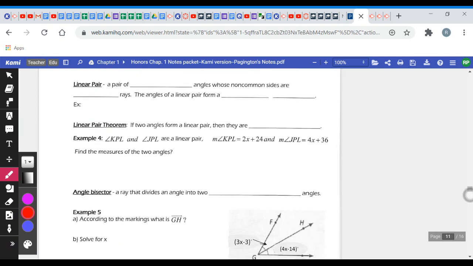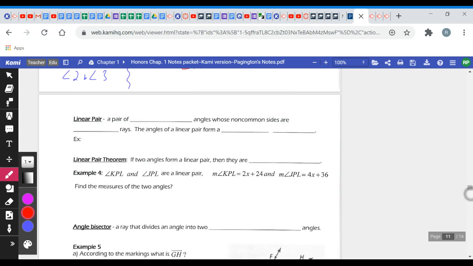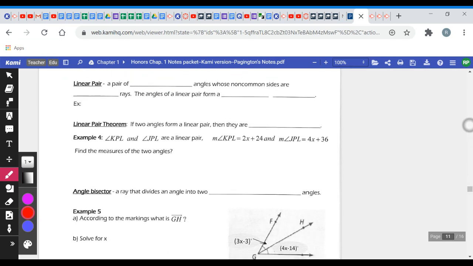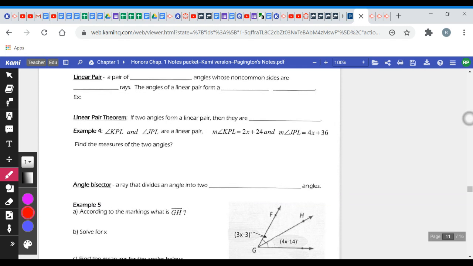So let me move that up. If you look here, it's asking about a linear pair. It says a linear pair is a pair of adjacent angles whose non-common sides are opposite rays. The angles of a linear pair form a straight angle.